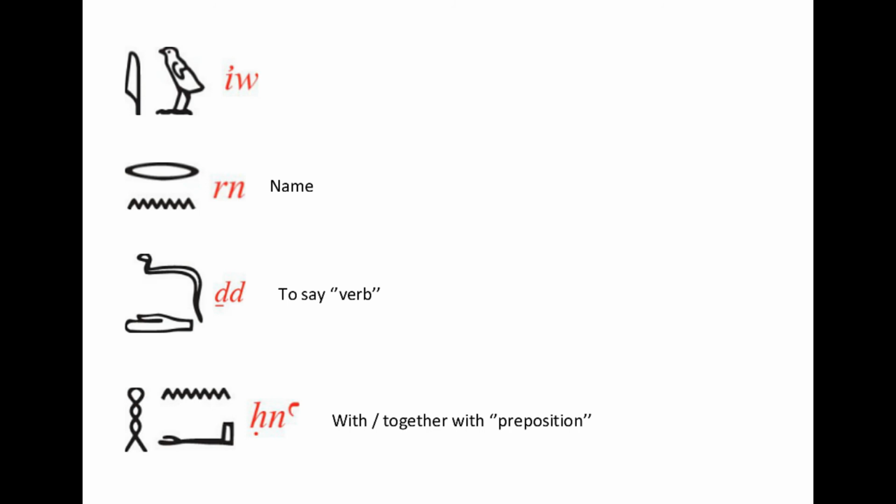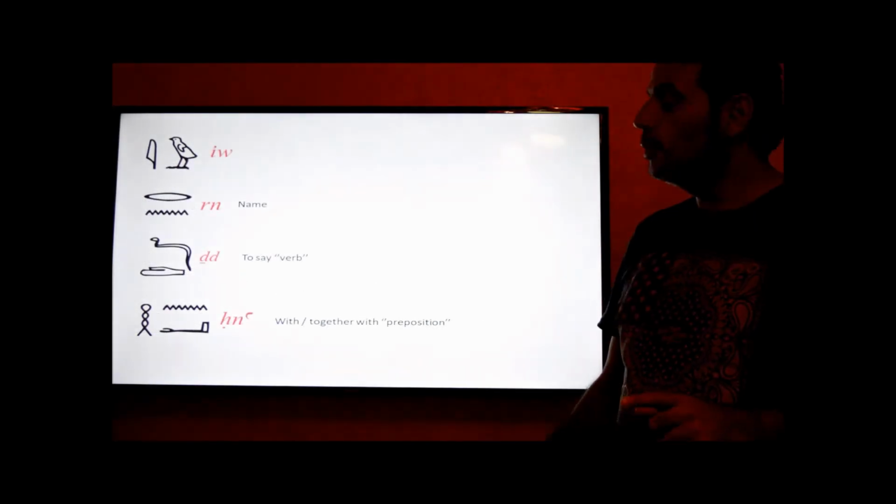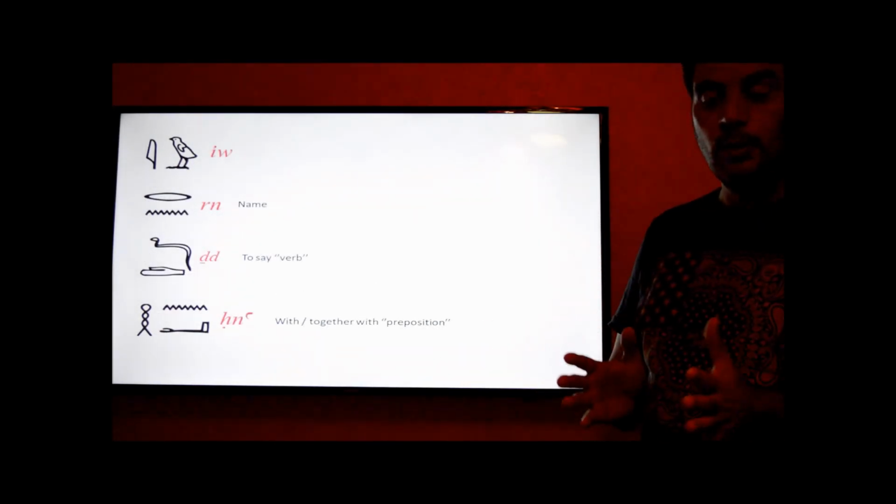Iyu, as a word or an example, comes at the beginning of the sentence, and I can explain it as the word indeed or yes. Then they accept or approve what is said, and continue saying the rest of the sentence. The word name, my name: name here, ren, means ren. This is the verb jed, the verb to say. The verb to say means jed. This is the word hena, which means with, together with, or just with.